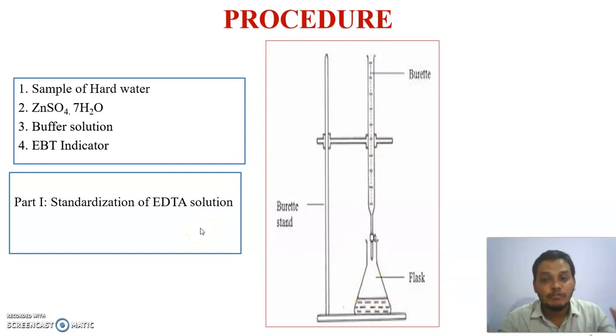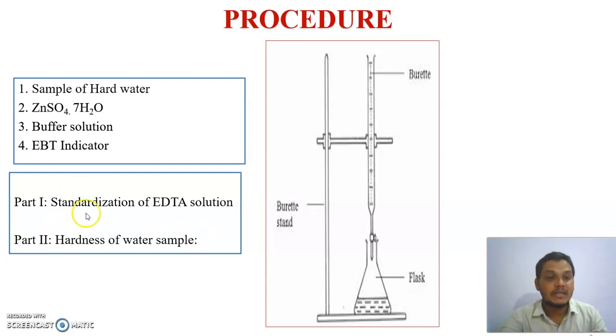Now there are two different parts to this experiment. Number one is the standardization of EDTA and second one is the hardness of the water sample. Now first, how can we standardize the EDTA solution? First of all, fill up the burette with your EDTA solution, right? In a conical flask, take 25 ml zinc sulfate solution.